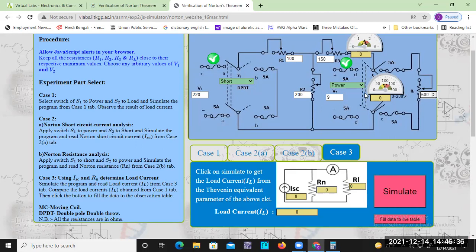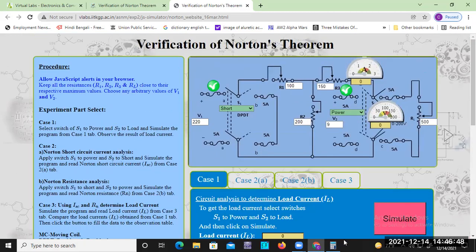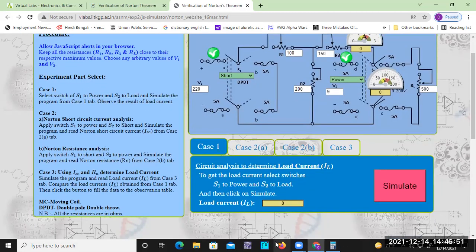If I change this to 500 ohm, we have to determine whether the Norton theorem satisfies these rules. If I don't change the other resistances, nothing happens, because you can see all the things are the same.